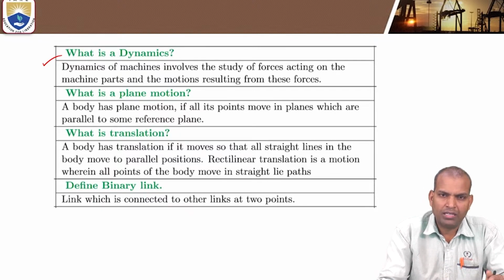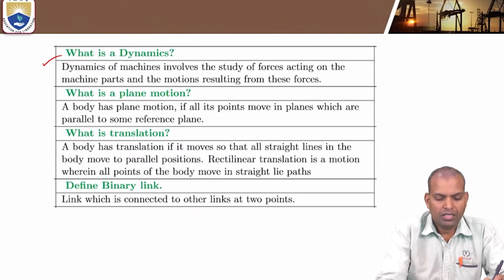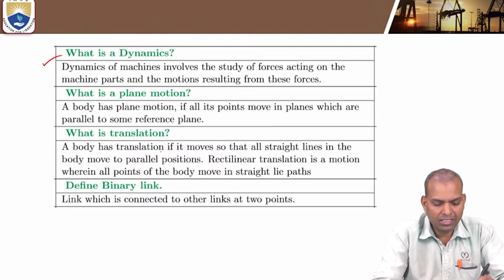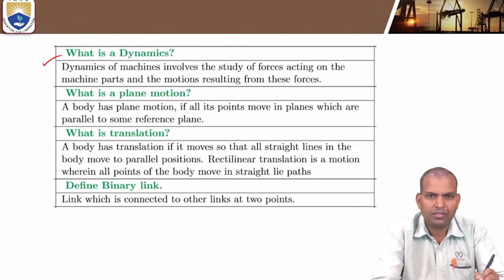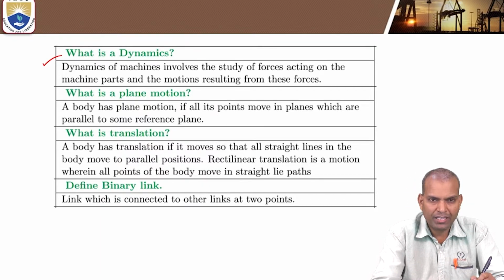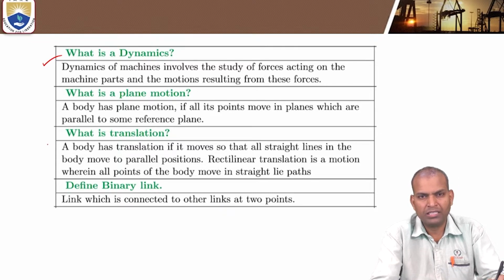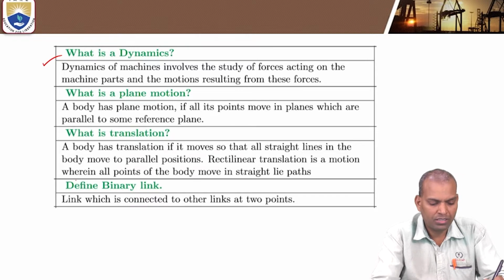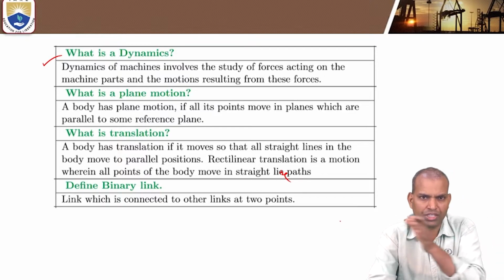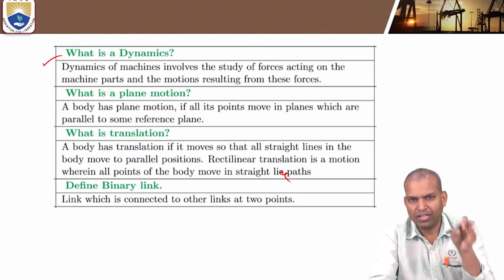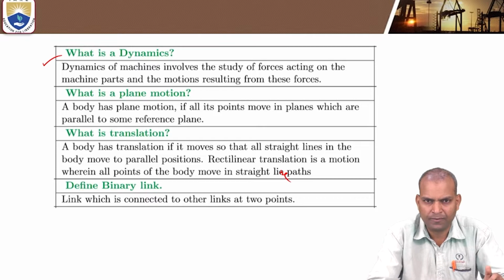What is translation? A body has a translation if it moves so that all straight lines in the body move to parallel positions. So there is rectilinear translation. This rectilinear translation is a motion wherein all points of the body move in straight line paths. That is a translation. And rotary means angular motion is called rotary motion.